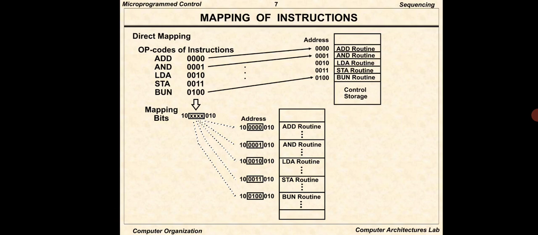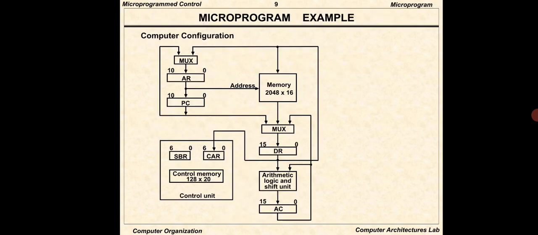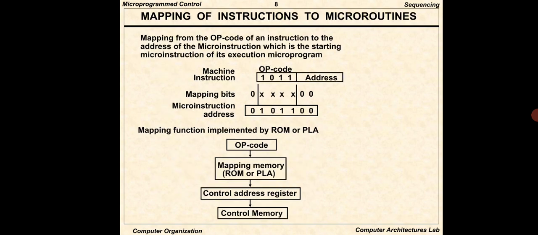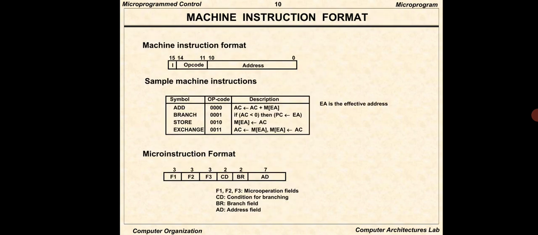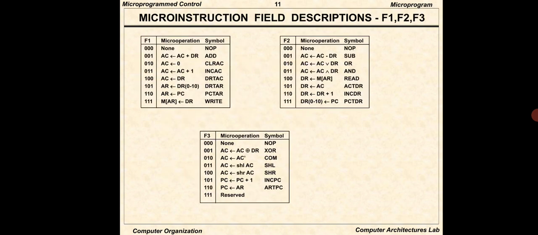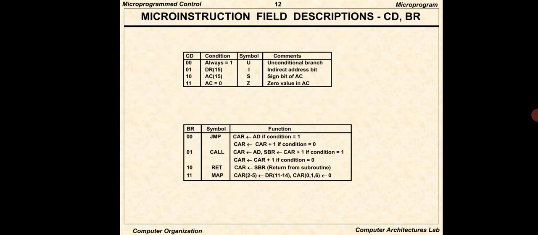Then based upon that address, we go to another ROM memory, go to that particular address, and execute the subroutine program. This whole thing is done by the mapping of an instruction. Very important is the micro instruction format. It is very important for your final exam.